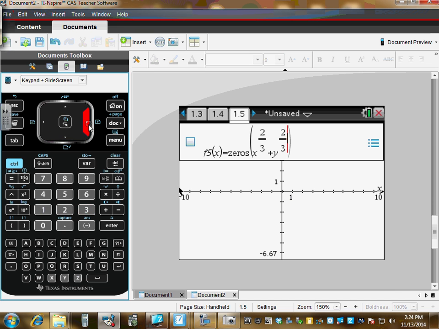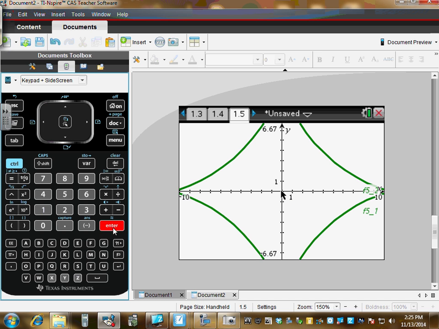And since we're graphing zeros, we need to make that equation equal to 0. So we subtract 5. That would make it equal to 0. Then a comma. And since this is an implicit function, we need to tell it it's implicit for y. We hit enter. Ooh, we get this graph. Kind of like a diamond shape.